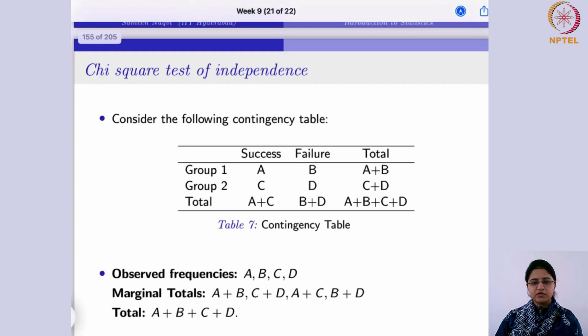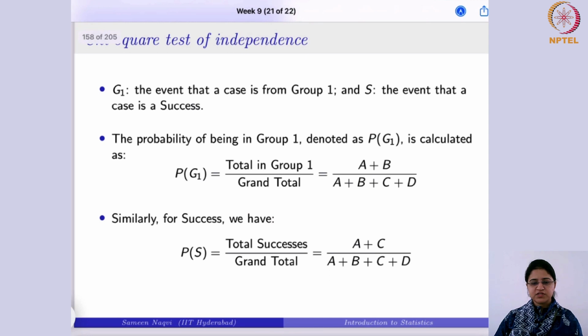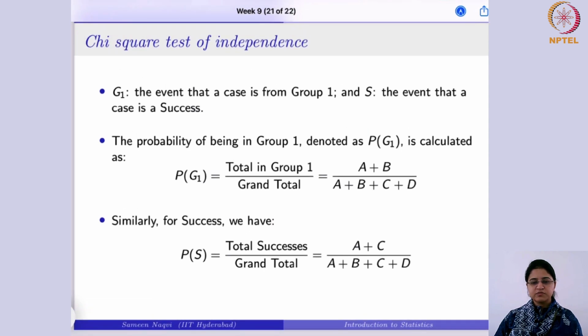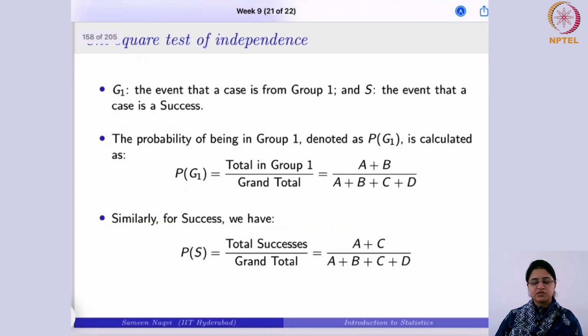The total observations in group 1 here is A plus B, so you divide A plus B by the total. Likewise, the probability of success will be the total number of successes divided by the grand total. The total number of successes is in this column, A plus C, and you divide A plus C by the total. So these are the two probabilities that we have obtained.